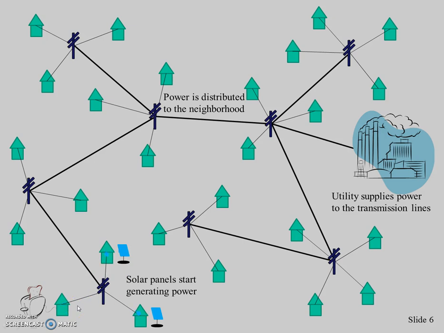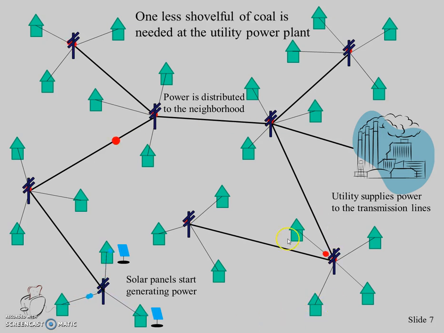It's looking for the closest place to be useful, which is your neighbor's house. And so the electricity that you overproduce during the sunny parts of the day doesn't go any further than maybe 50, 100 feet to your neighbor's house. But what this means is the person over here that's shoveling coal into the power plant doesn't have to supply electricity for this portion of the grid. So the needle drops and they shovel a little bit less coal. So this is how it works.